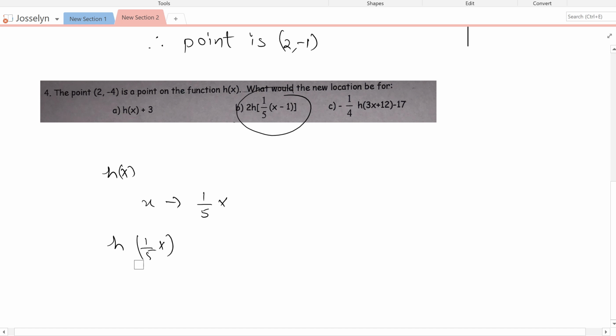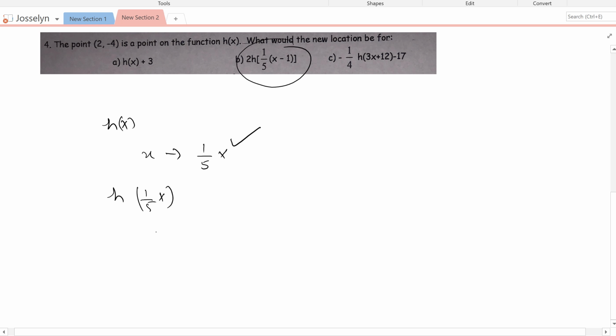And then if I replace this x by the new x, x minus 1, then I'm replacing this x by that. So this is my second transformation.